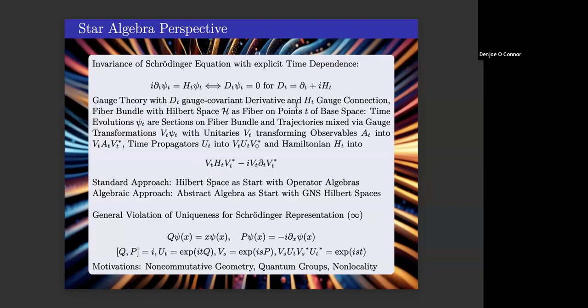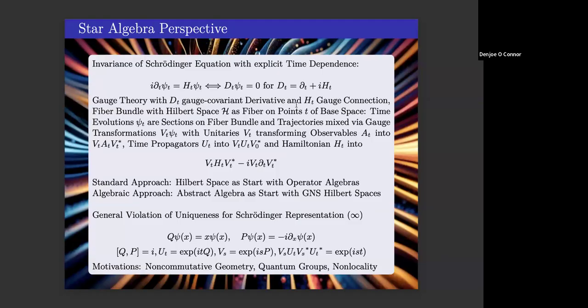In the standard approach, you have first the Hilbert space, and then you have an algebra of operators acting on it. The self-adjoint part gives you the observables, the trace class positive ones give you the density operators for the states, and so on, or at least for the normal states. And the algebraic approach turns it on its head. It inverts the logic.